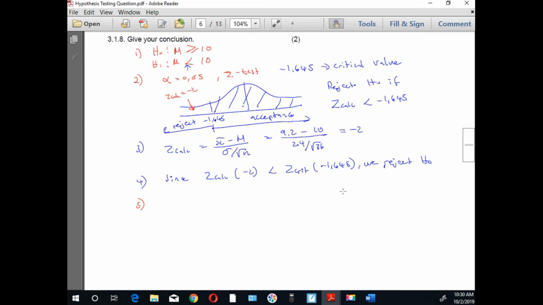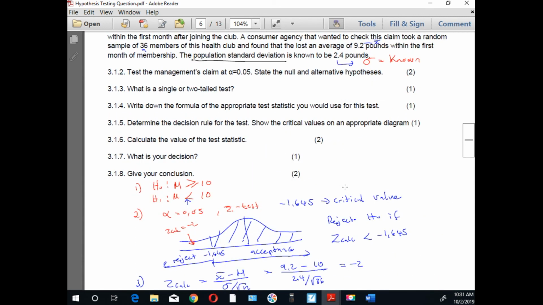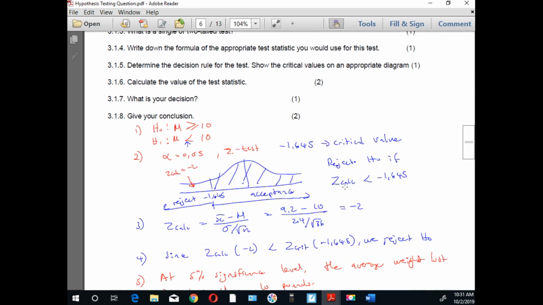The average weight loss at 5% significance level, the average weight lost is less than 10 pounds. Which means the Jim's claim is not correct. Done.